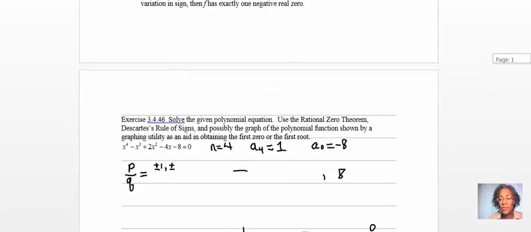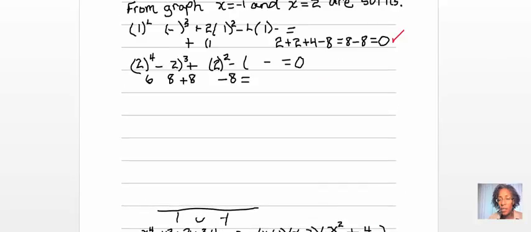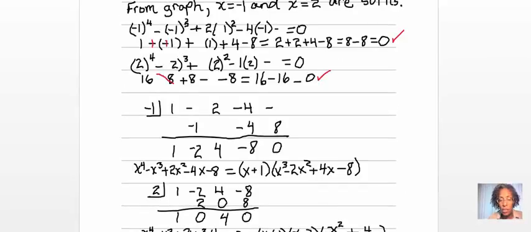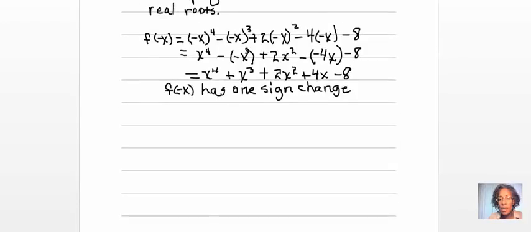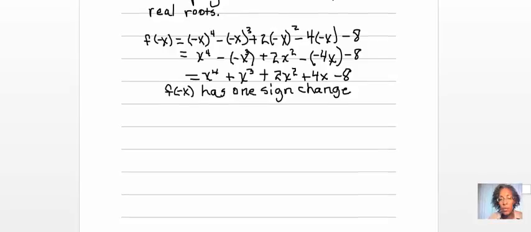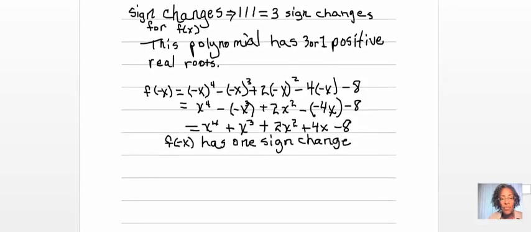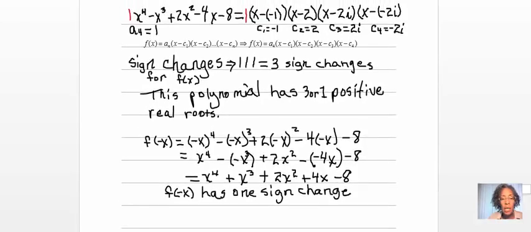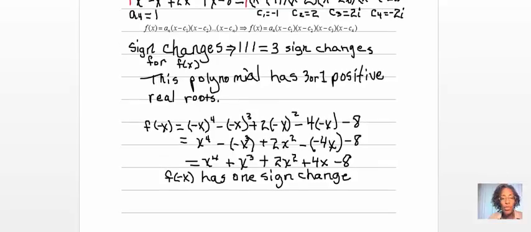And notice that this clarifies how many positive real roots I have. Once I get this possibility, I'm able to narrow down the possibilities.